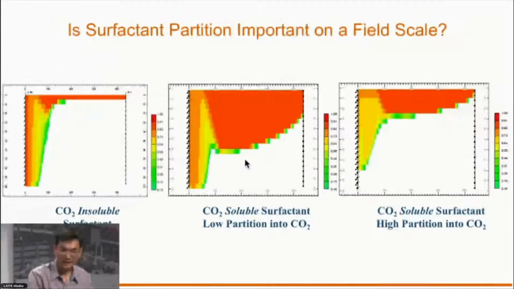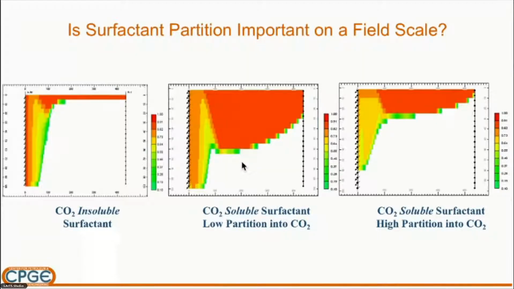So the question is, is surfactant partition important on the field scale? Because what I showed you was just on the lab scale. The simplest way is to run a numerical foam simulation. The results show a vertical cross section, with the injector to the left and the producer to the right, and you inject foam. For the CO2 insoluble surfactant, you can see significant gravity override, and most of the foam develops near the wellbore.